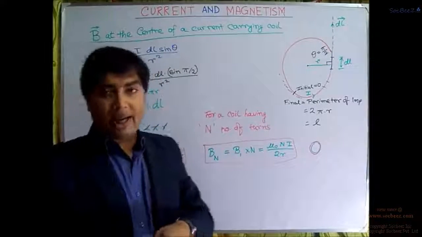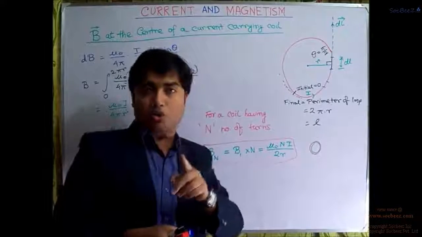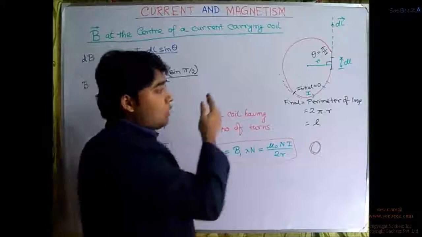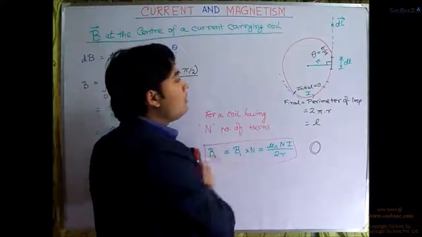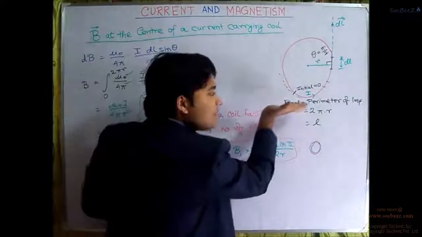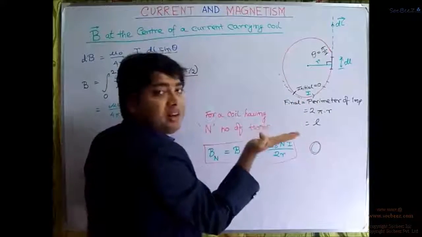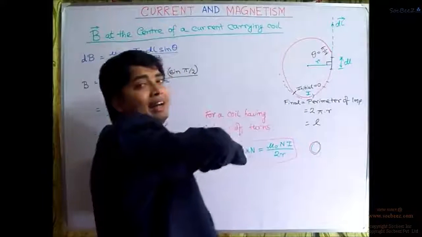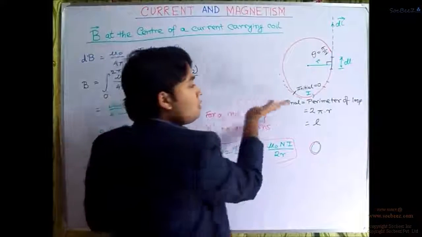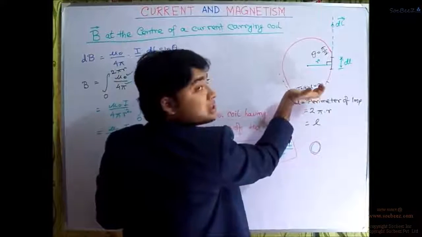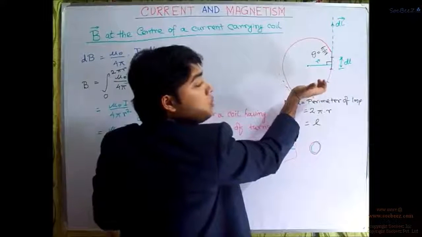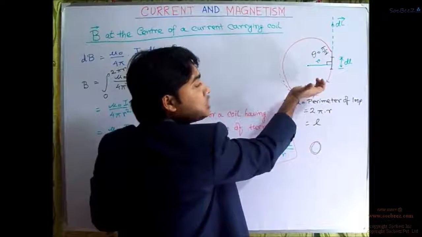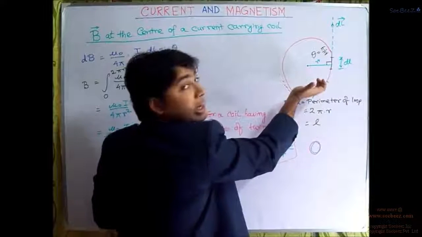Over here again, we have to apply the corkscrew rule or Maxwell's right hand thumb rule. Take your right hand and place the other fingers in such a way that they indicate the flow of the current. Now your thumb will indicate the direction of the magnetic field.